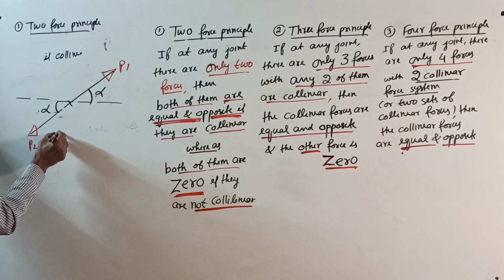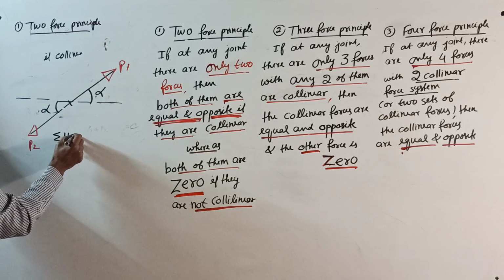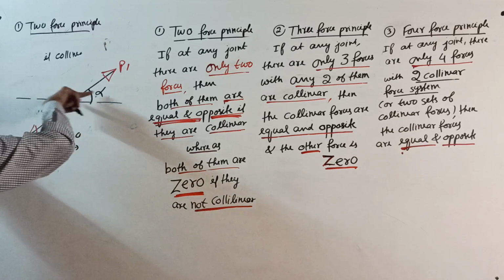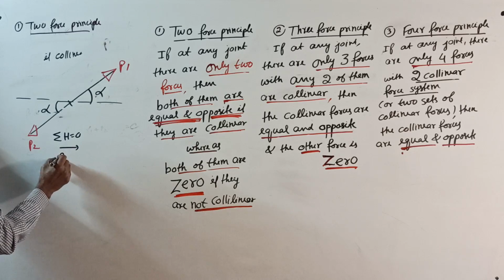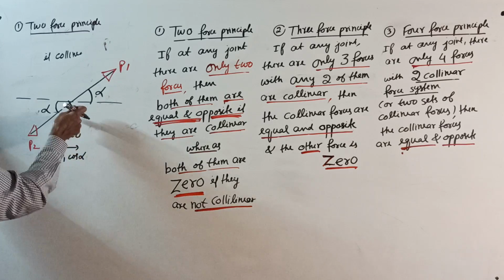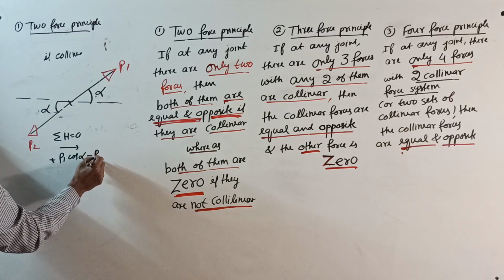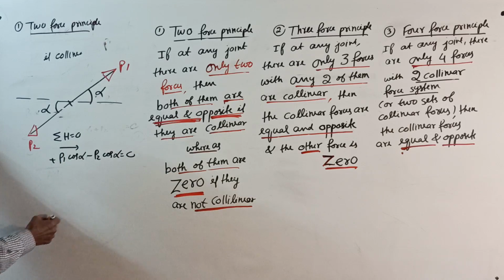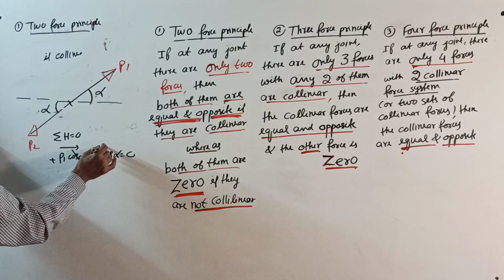Now start. Sigma h equal to 0, anything will do. When you make sigma h equal to 0, right side positive, plus P1 cos alpha minus P2 cos alpha equal to 0. Cos alpha will get cancelled.